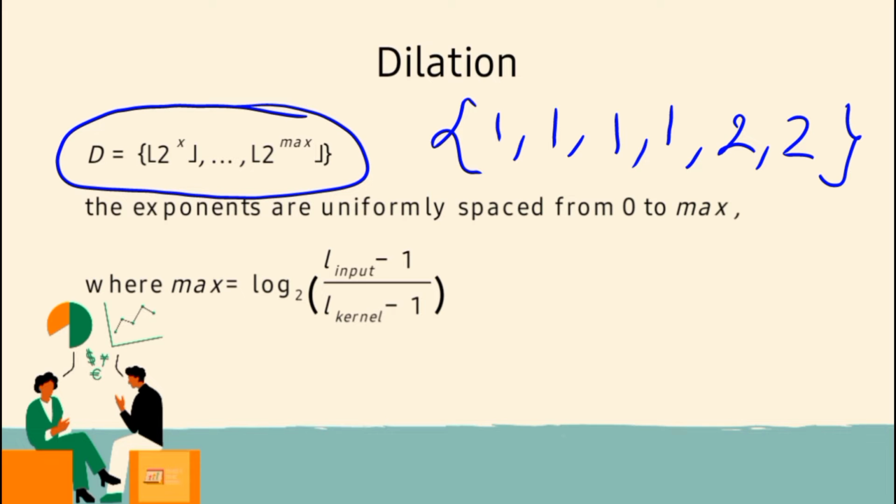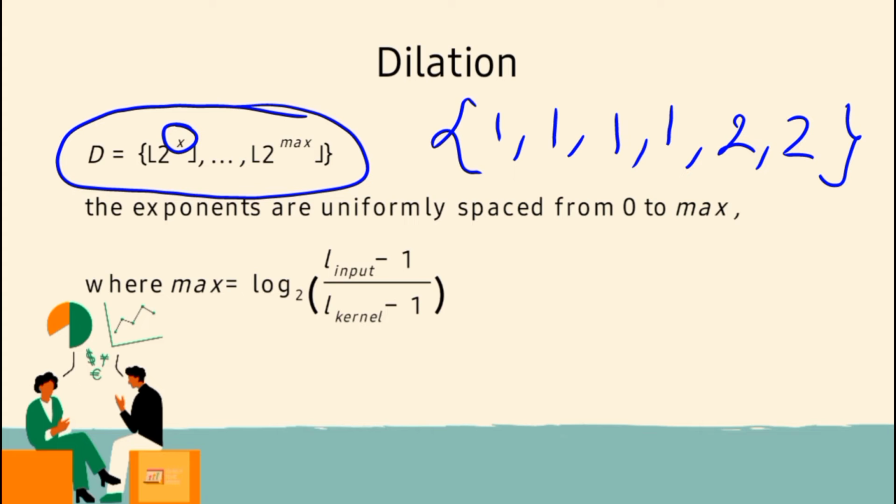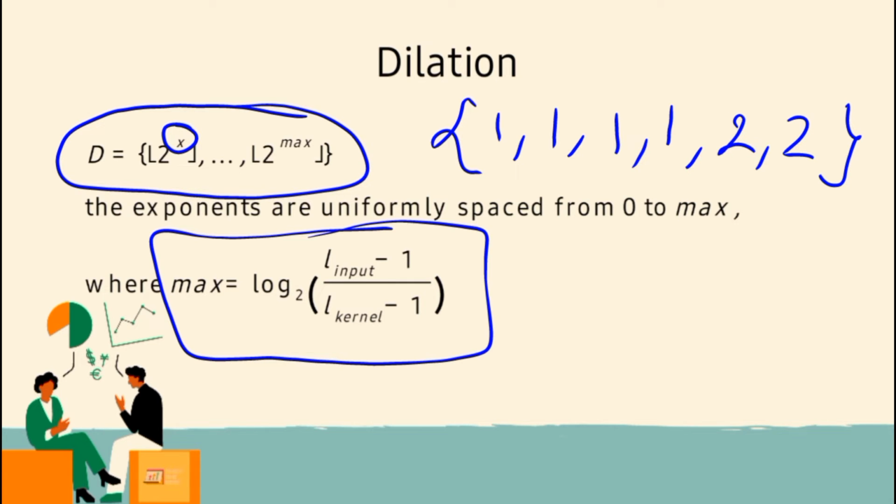And now let's see the exponent here. Oh, sorry, the exponent here, I mean this one, the leftmost exponent should be 0. So the exponents are uniformly spaced from 0 to max, and max is defined to be this one.